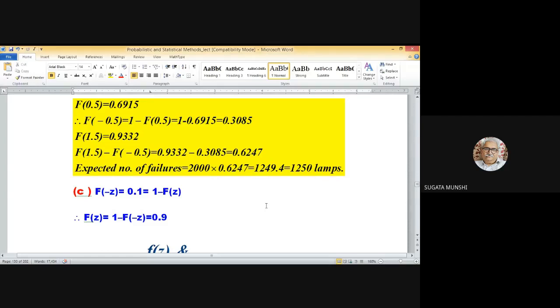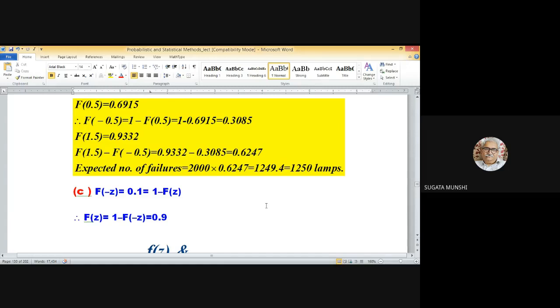Why am I writing it as capital F with argument minus Z? Because here the probability value has been given to be less than 0.5. F of minus Z is 1 minus F of Z. So here F of minus Z is 0.1.